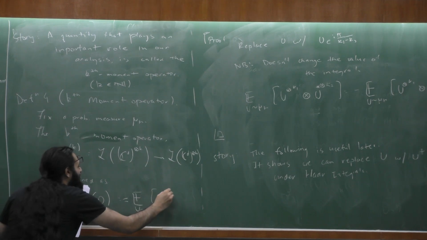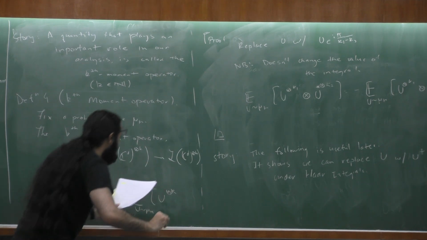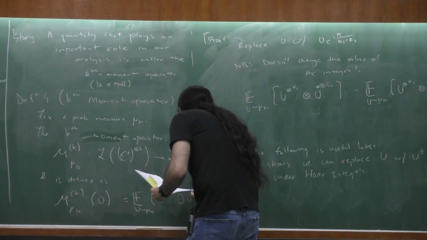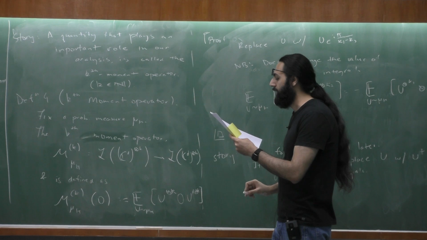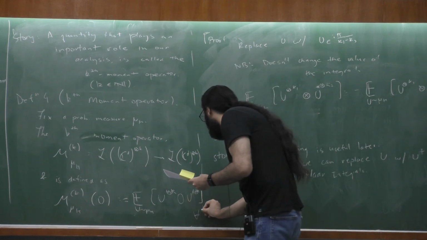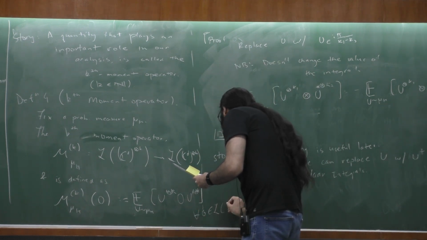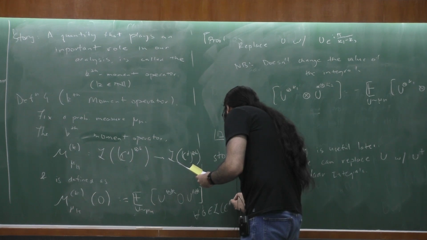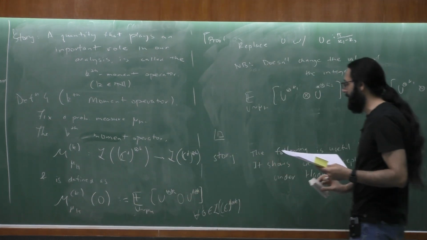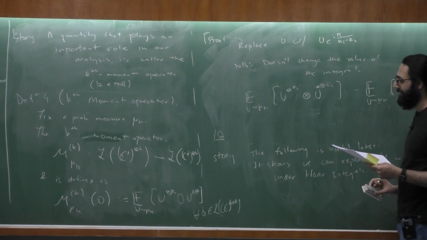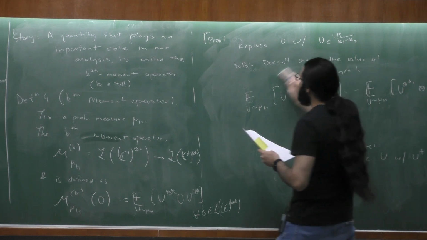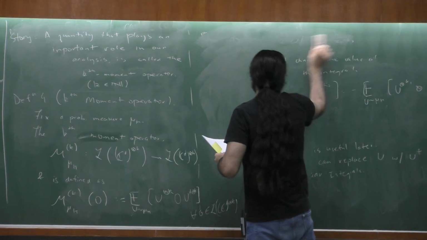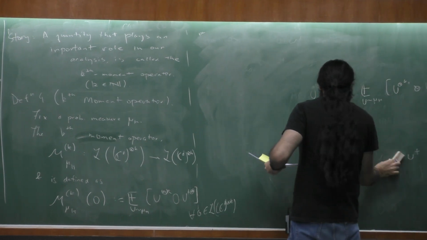You multiply k copies of the unitary, and then you do the dagger. So you're basically conjugating by k copies of the unitary. Okay, and this is for all O in the space of all linear operators acting on C^d tensor k. Okay, so that's just the definition. Why it is interesting will become clear as we prove more results.